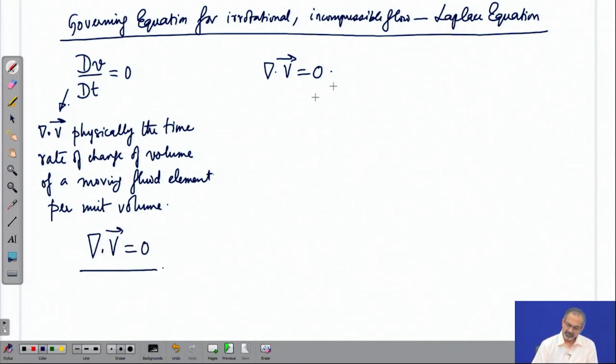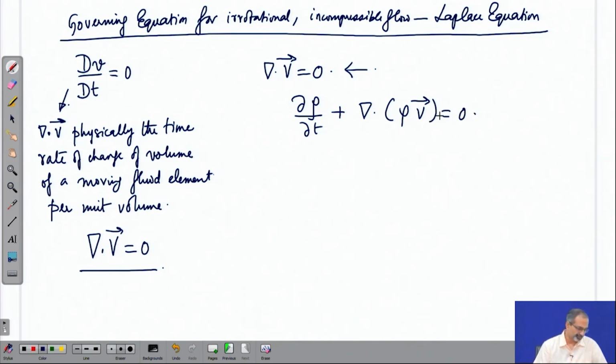And from the continuity equation point of view, how we can show this is that if we invoke the continuity equation, then what does it say? It gives us this statement. So, there is no change in density of the fluid, and therefore, the time derivative will go to 0.